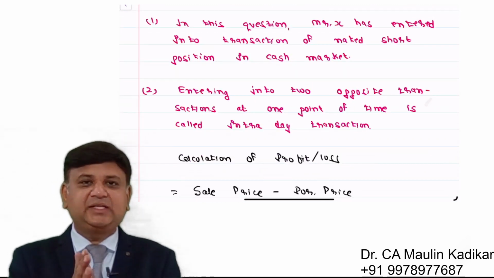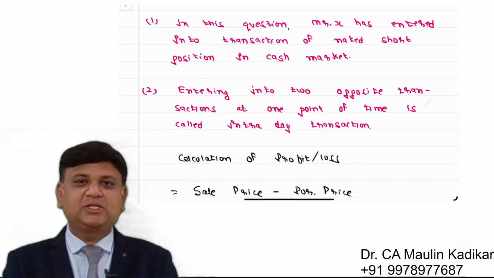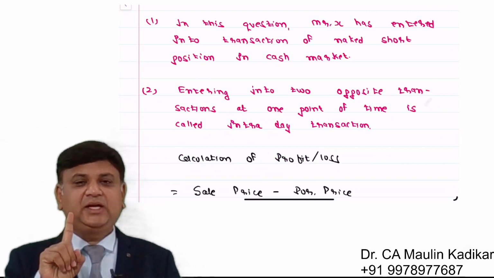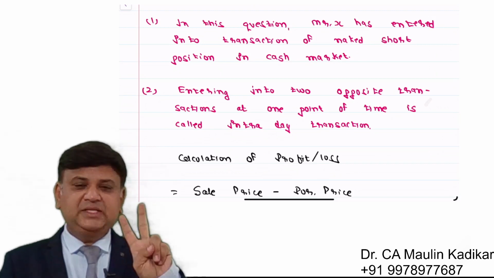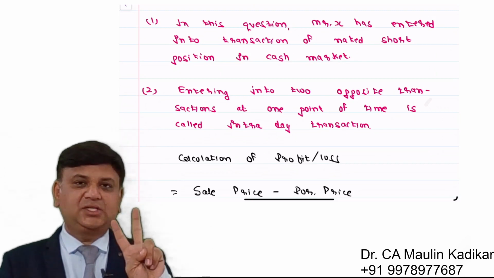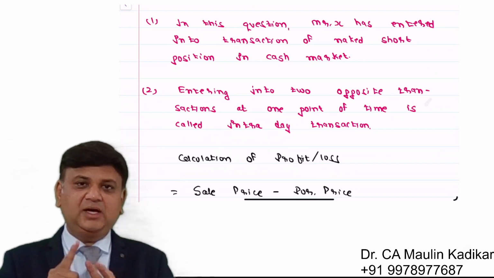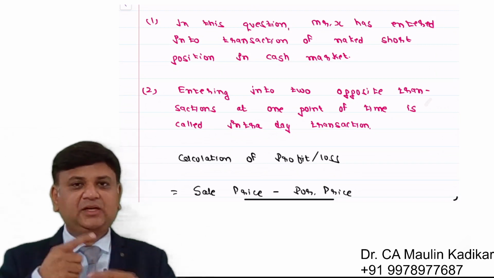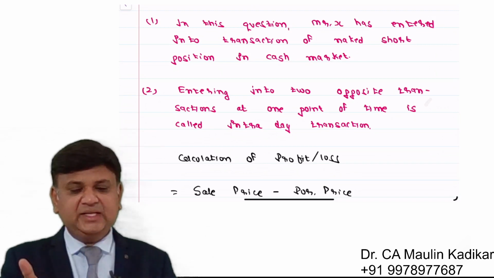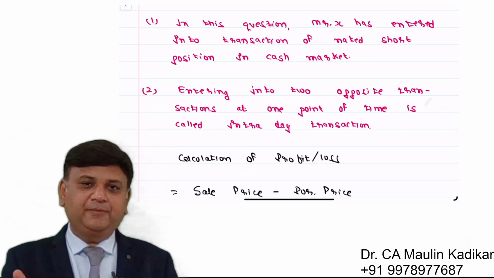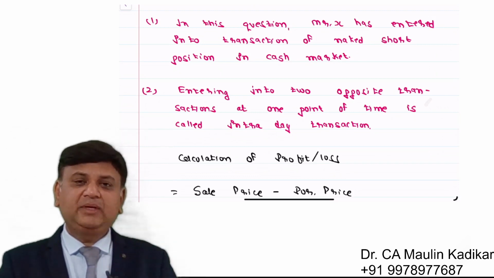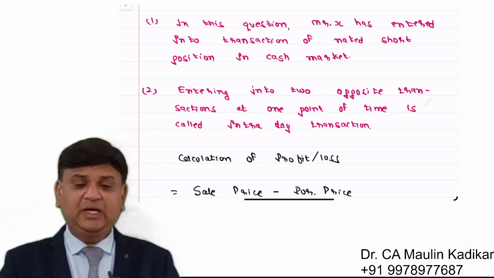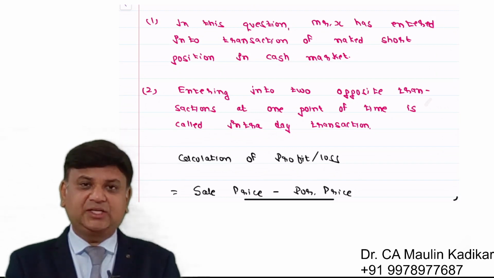A summary of the entire answer. In this question we have understood one thing, that the intraday transaction means entering into two opposite transactions in a day. One is sale, another is buy. The sequence is not important, maybe buy and sell or maybe sell and buy. The difference between both of them is a profit or loss, and that is basically the intraday transaction.